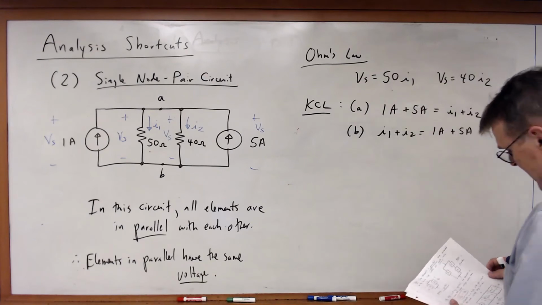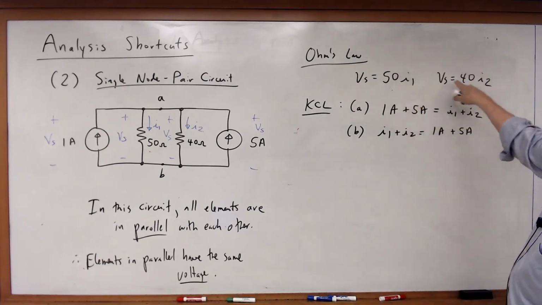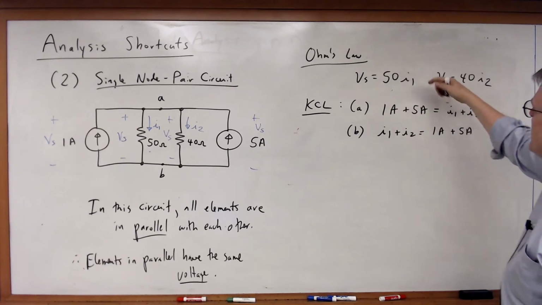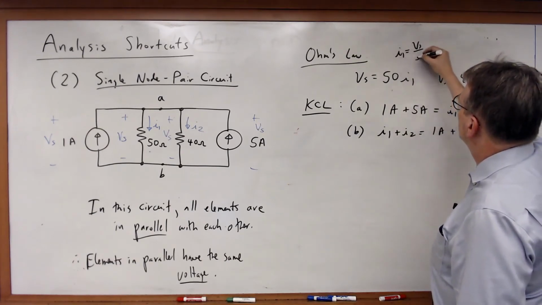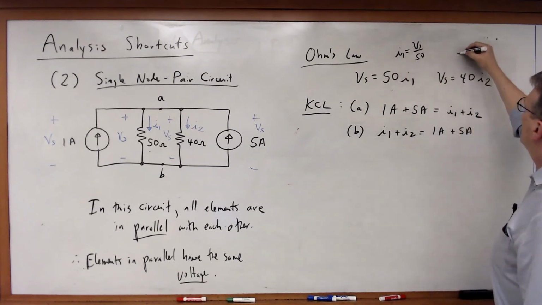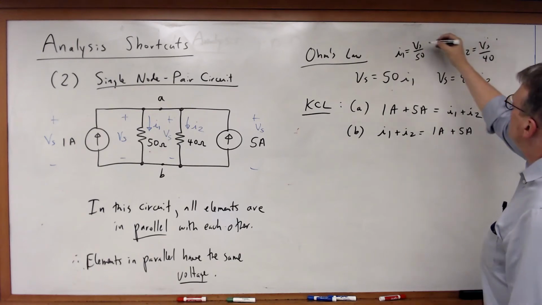But now that I have that, what I'm going to do is substitute and say that I1 must be equal to Vs over 50. Do a little rearranging. I2 must be equal to Vs over 40.